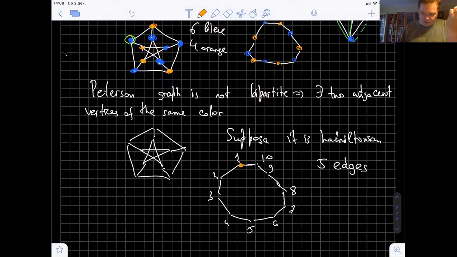Of course each vertex has degree 3, so each vertex must have an additional edge. So we have an edge starting at 1. Where can we finish? Can we finish this at 3 or 4, for example? Can this edge connect 1, 3 or 1, 4?